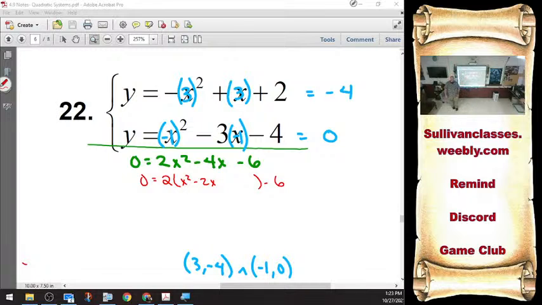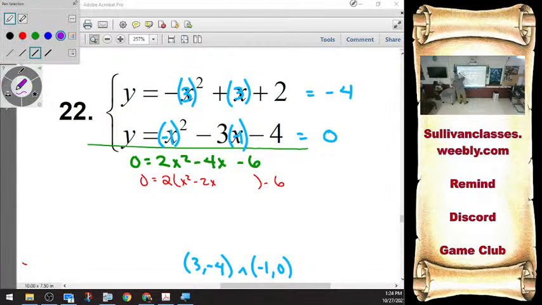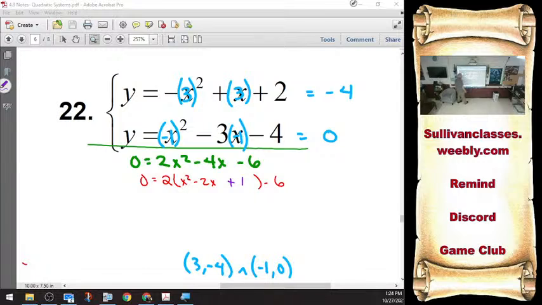Remember we just got done with completing the square and turning something into vertex form? Well, what's half of negative 2? Negative 1 squared is 1. So if I add 1 here, did I really add 1? No. I added 2. So I'll subtract 2 to undo that.